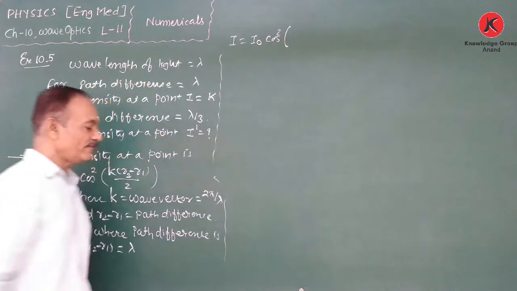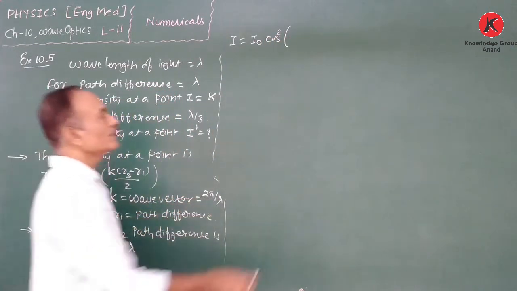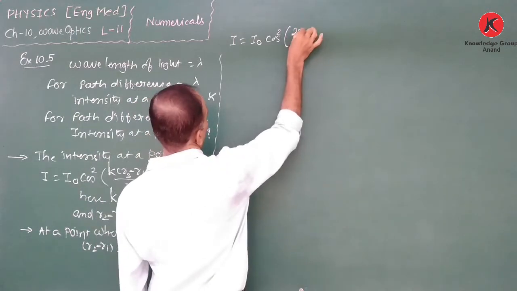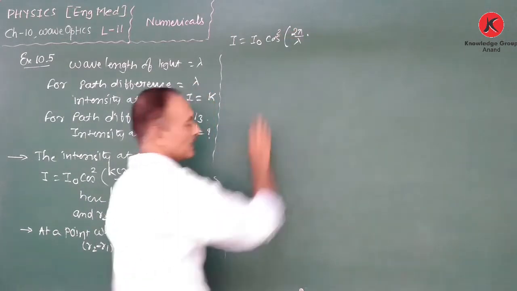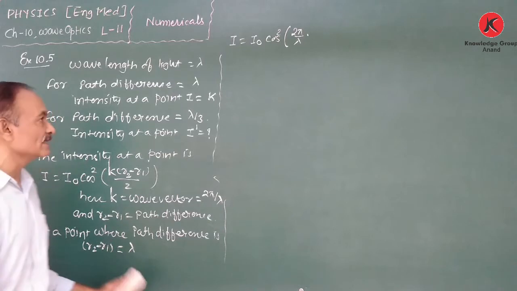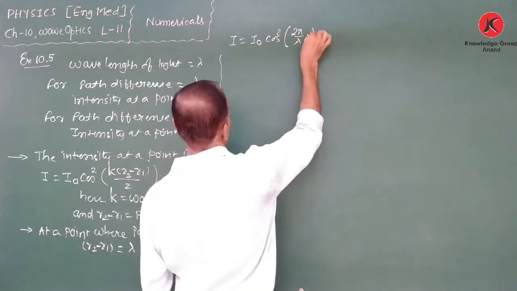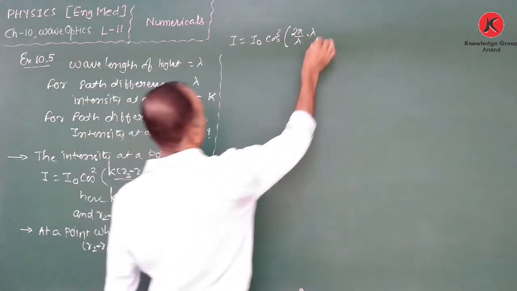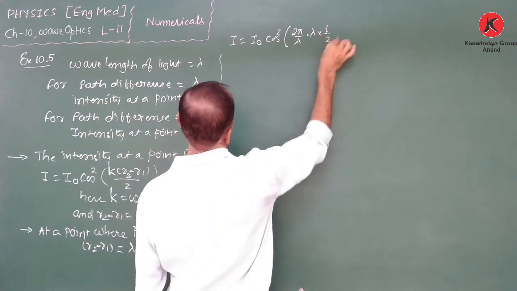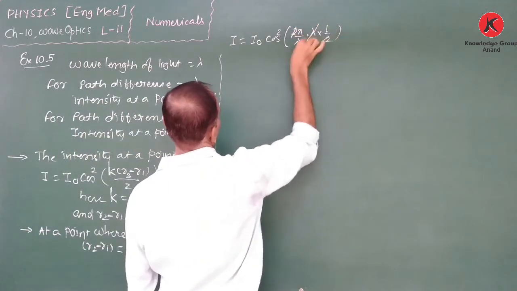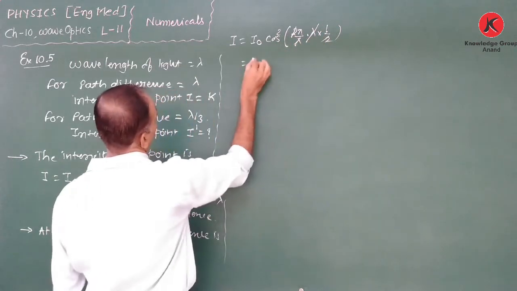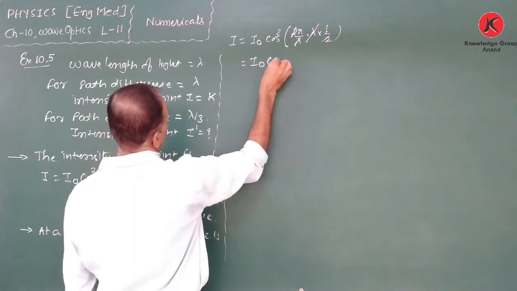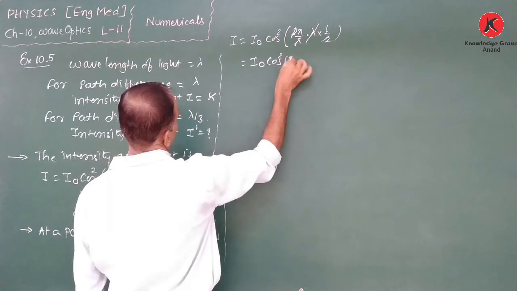Now, instead of the wave vector, we substitute the value 2 pi upon lambda, and the physical path difference r2 minus r1 is also lambda, and this 2 in the denominator, so into 1 by 2. So 2 cancels, lambda cancels. Therefore I0 cos square pi.